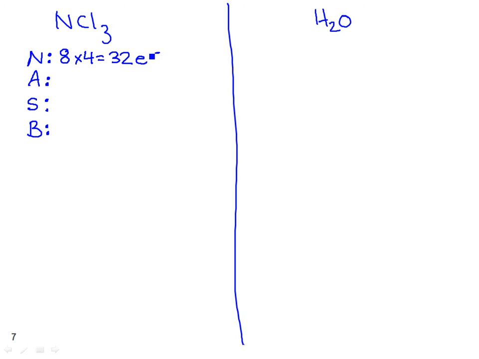Available is our valence electrons. Nitrogen is in group 5, so it has 5 valence electrons. Chlorine has 7, but we have 3 chlorine atoms, so this 3 comes from here. So we have 21, and we have 5.